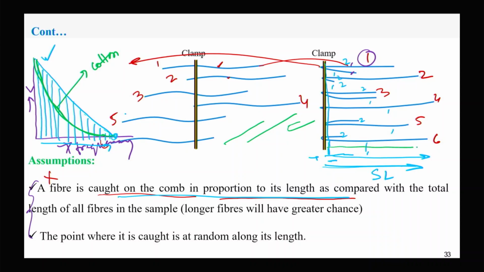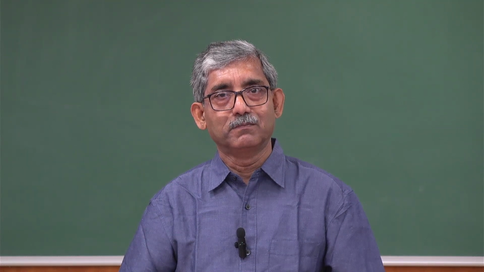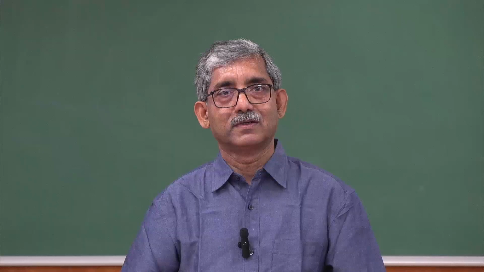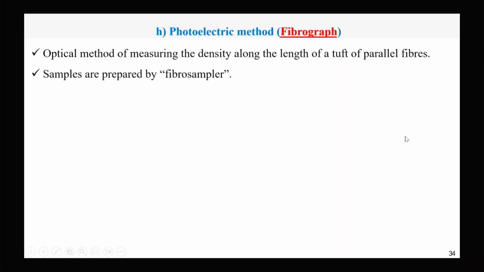Gradually if we move towards the end, the density is reducing, and that is scanned by a photoelectric scanner. Maybe a slit laser beam can be passed, and fibers are prepared by the fibro sampler, as I have mentioned, in the length biased fashion.